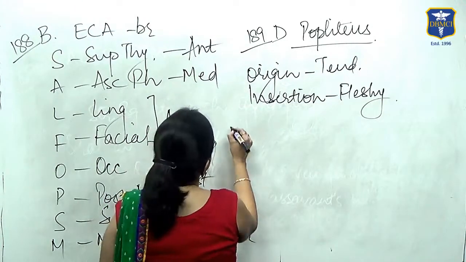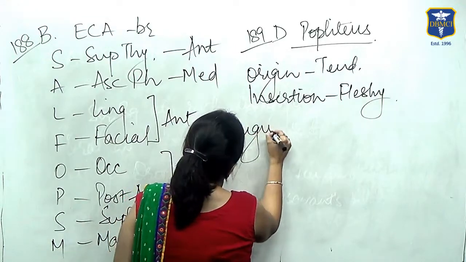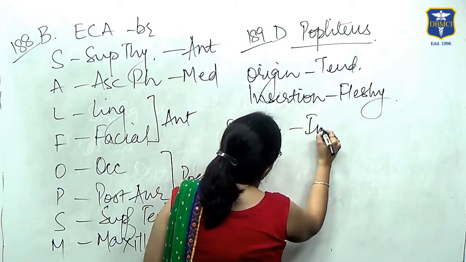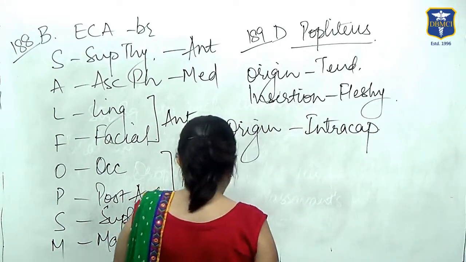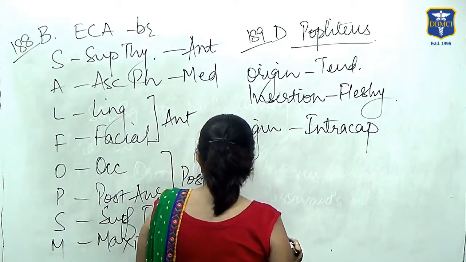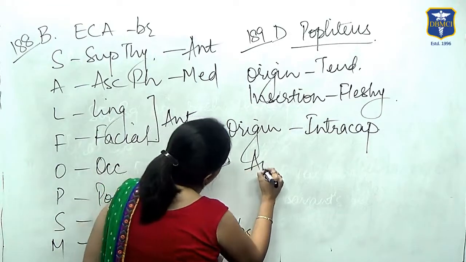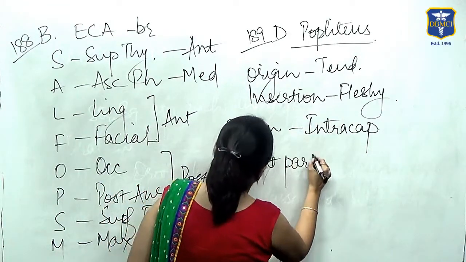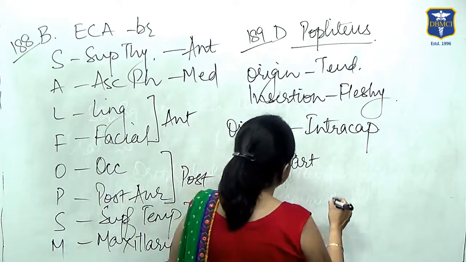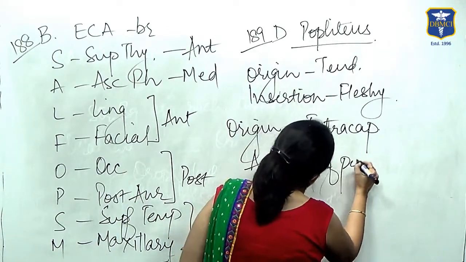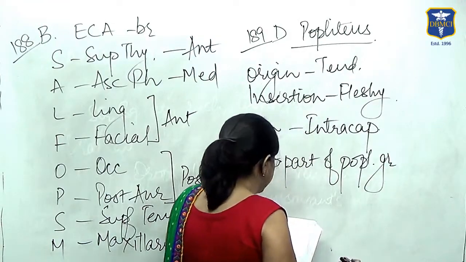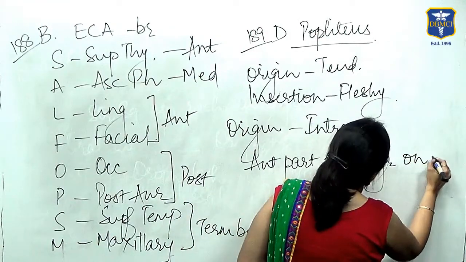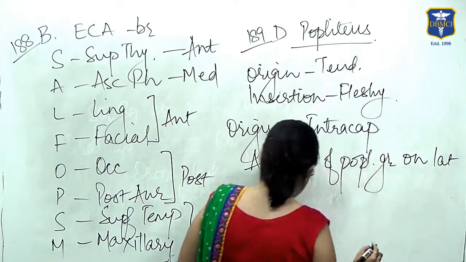The origin is intracapsular as it arises from the anterior part of the popliteal groove on the lateral surface of the lateral femoral condyle.